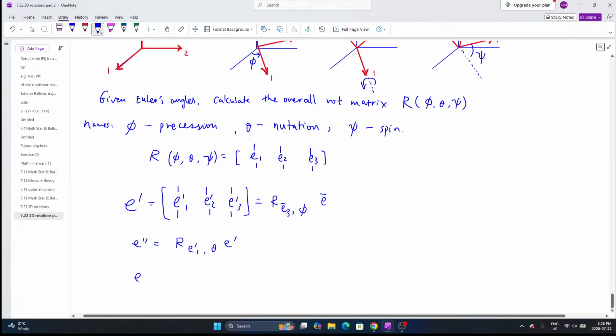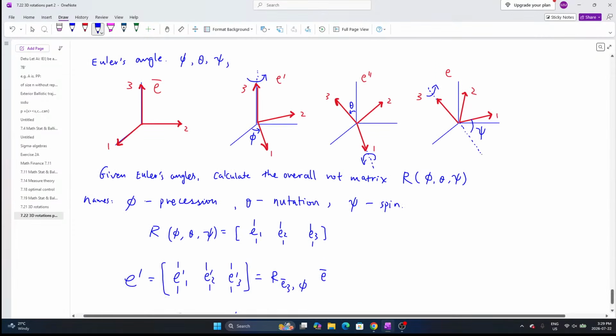And finally, our E, not triple prime, just E itself, the third rotation.